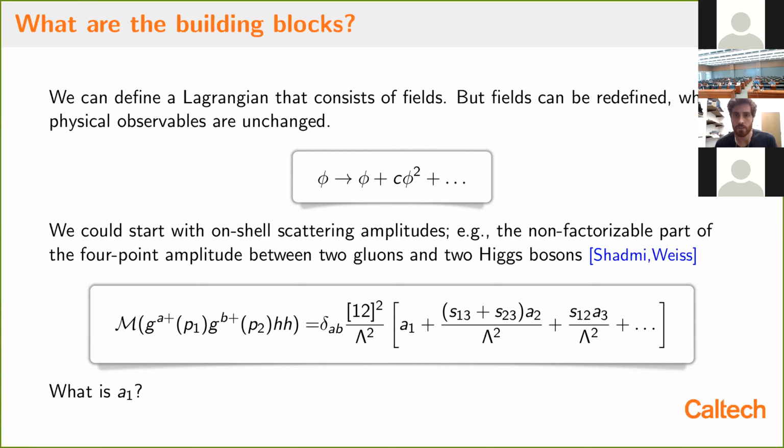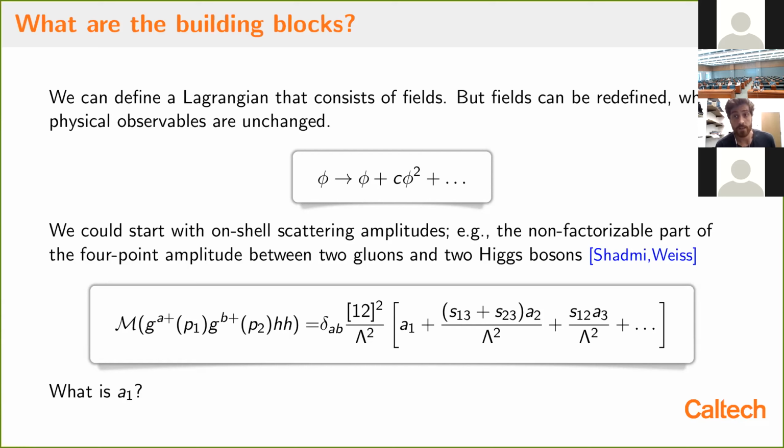For example, if you have a scalar field, you can change it with a nonlinear term, phi squared, which has some arbitrary coefficient. This coefficient would always cancel out in calculations of physical observables, so there is an inherent redundancy in this description with fields.